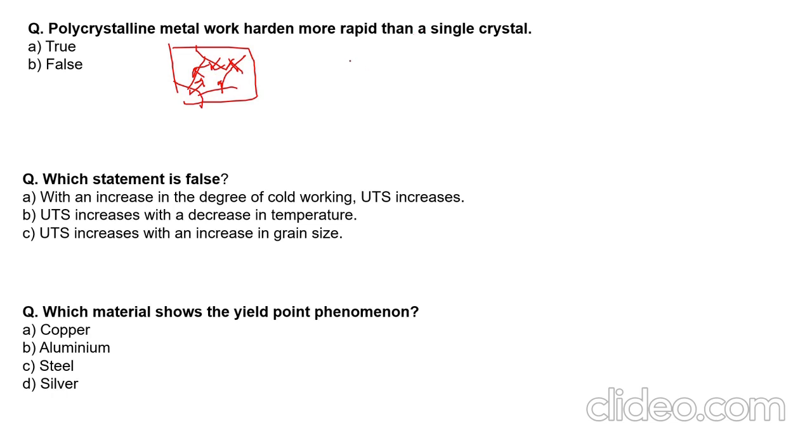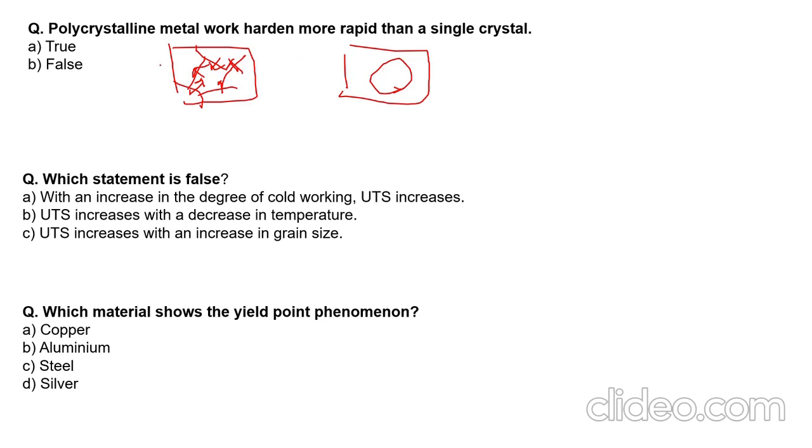But for a single crystal, there is no hindrance, so it will not have as much of an effect of dislocation hindering, dislocation pinning, or dislocation hindered motion. That is important for your work hardening material.